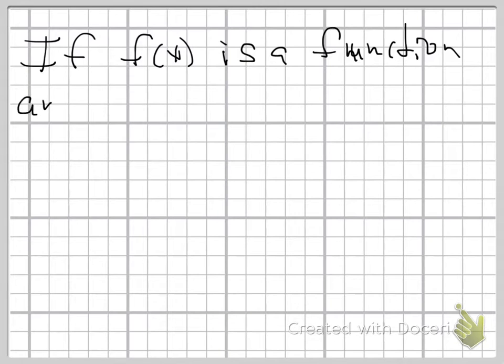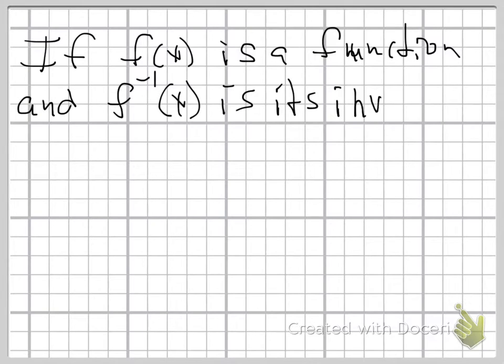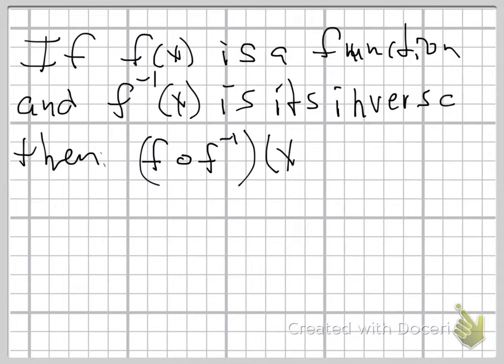And there's a nice little theorem that goes along with that which says if f of x is a function and f to the negative 1 of x is its inverse, then the composition of those functions, f of the inverse of f of x, yields just x.